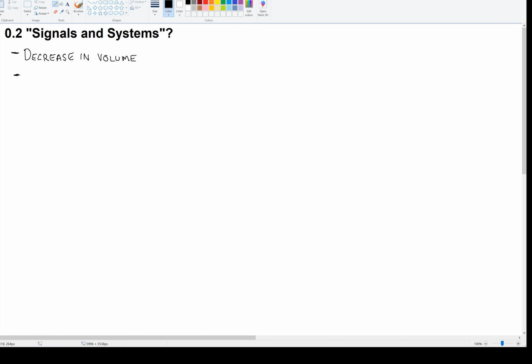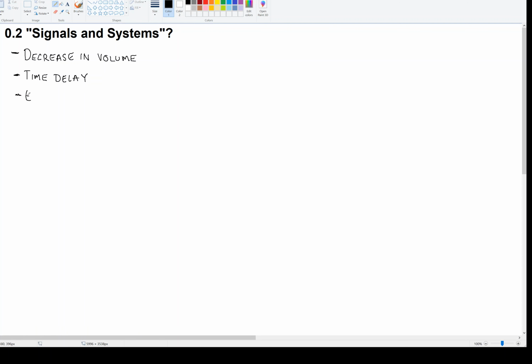There's also a time delay. The speed of sound is finite, so it takes some time for that singer's voice to reach you, especially if the auditorium is bigger. You can really observe that effect.